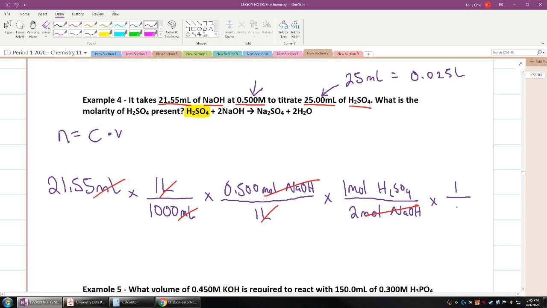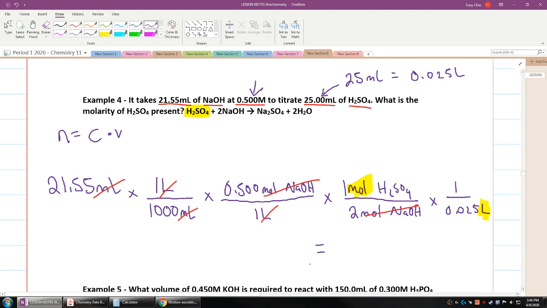If you multiply by 1 over 0.025 liters, you solve for moles over liters. You could also solve for moles of H2SO4 first and then divide it by 0.025 liters. That could work as well.